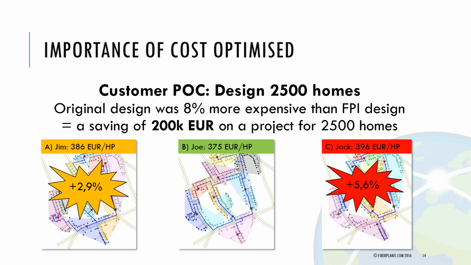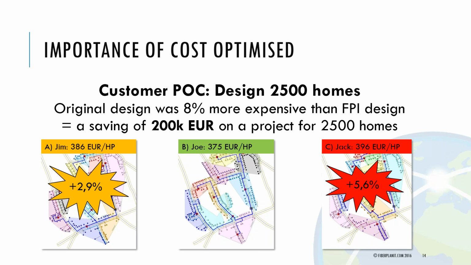And we have some feedback from one of our customers who designed an area of 2,500 homes. We compared the output of FiberPlanIT with the original manual design, and saw that the original design was 8% more expensive than the design calculated with FiberPlanIT.